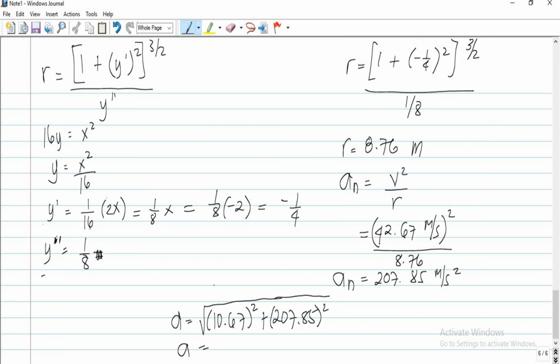My acceleration is equal to the square root of 10.67 squared plus 207.85 squared. My answer here is 208.12 meter per second squared. This is now my final answer.